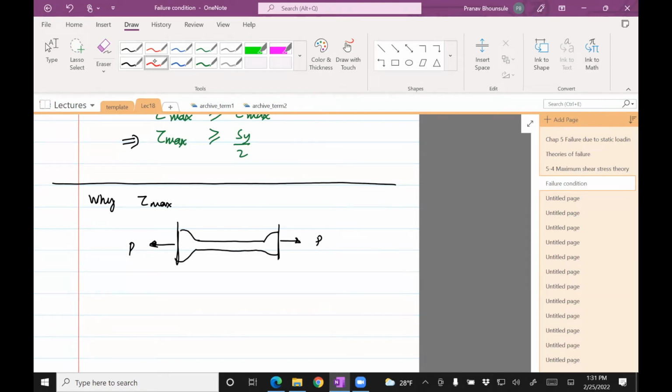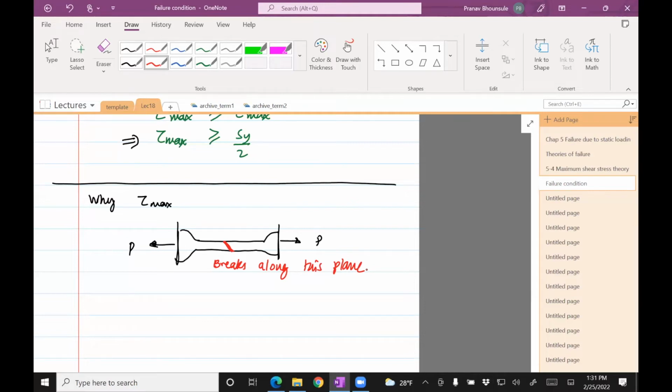When they look at the specimen which broke, they see that it actually breaks at an angle of 45 degrees. For many materials, it does break like that. Yeah, so the answer is not all the time. Only many materials show this.